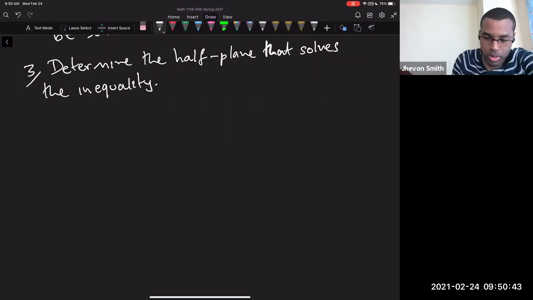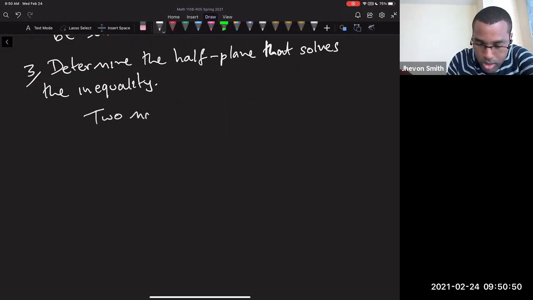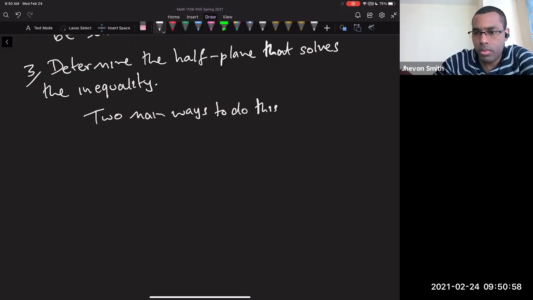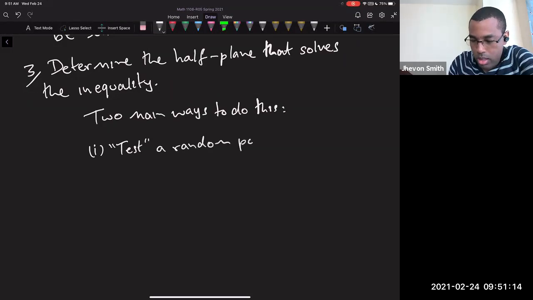Well, I'm glad you asked, proverbial student, whoever's in the room. We have 2 main ways to do this. So one is you can plug in a point, test a random point. What that basically means is pick a point and plug it into the inequality.